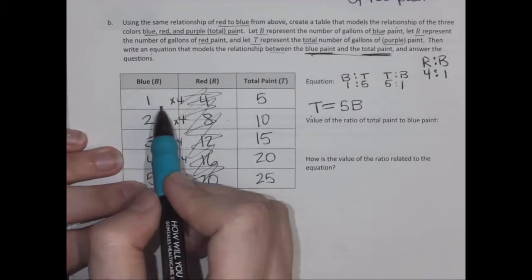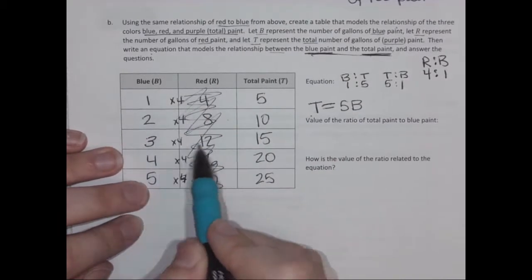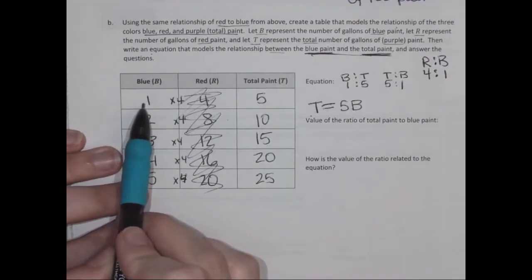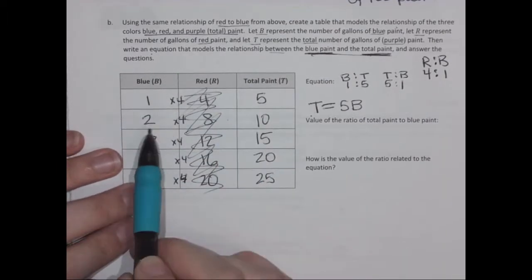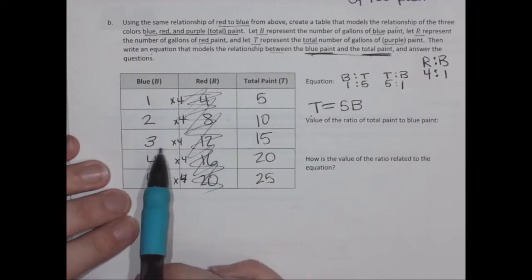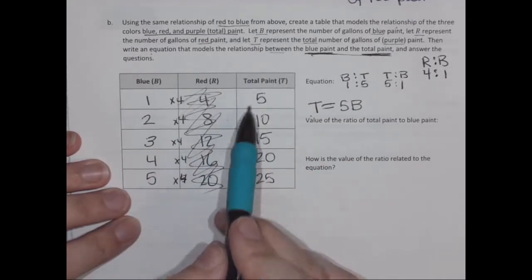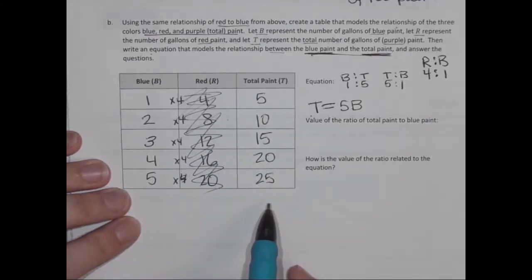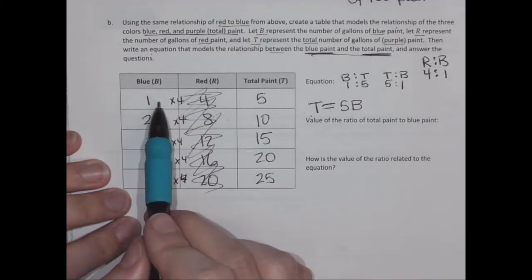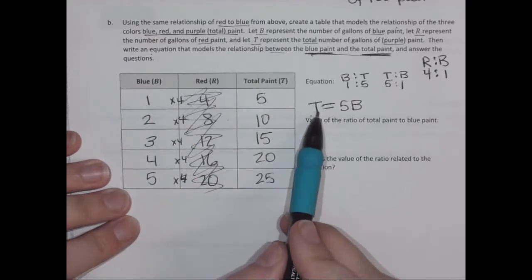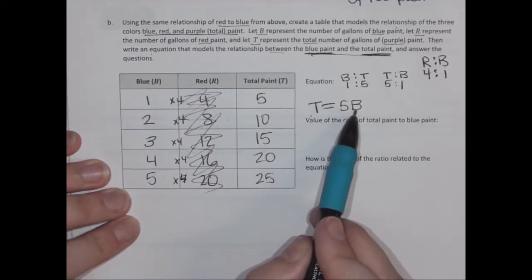Because if I drew the relationship on my table, if I didn't have all this mess in the middle, because we don't need red, I would write that 1 times 5 is 5, 2 times 5 is 10, 3 times 5 is 15, and so on. So the total number of paint is always 5 times the amount of blue paint. So an equation we can write is that the total is 5 times blue.